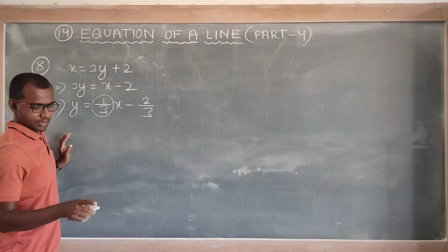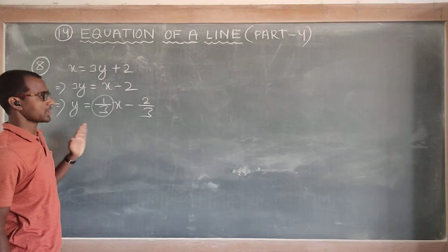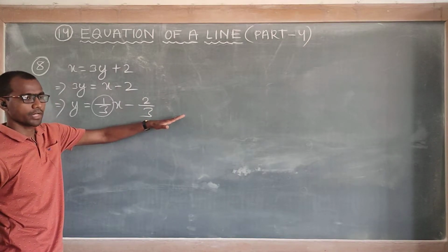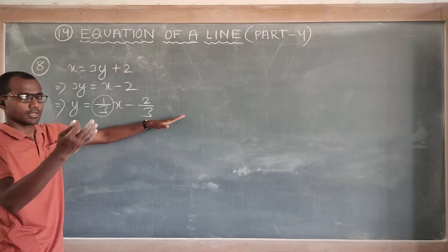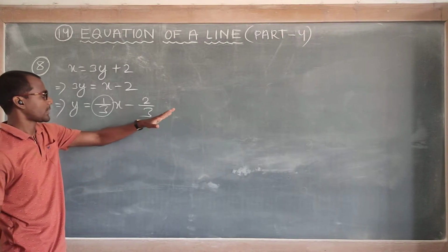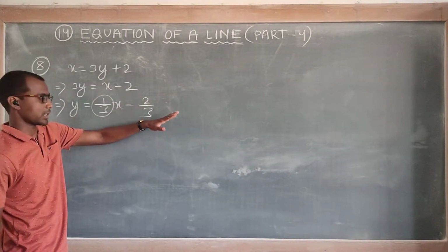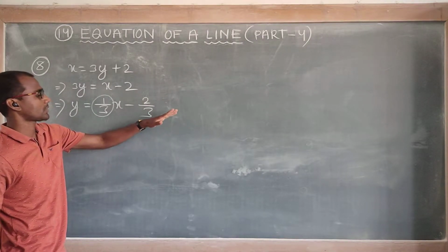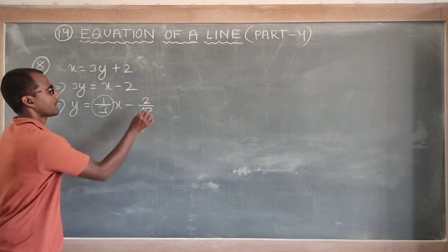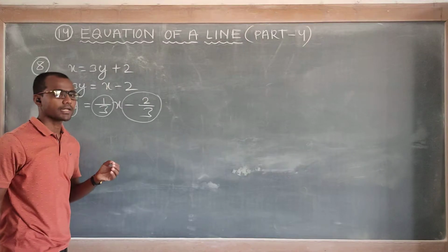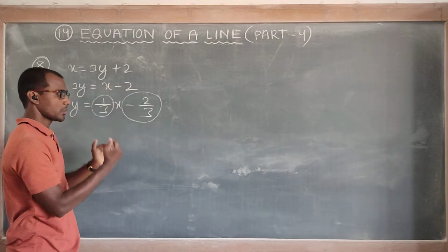The slope of the line is 1 by 3, which means it is moving up. I don't have any information about the other line passing through the origin, but at least I am getting information about this line whose equation has been given. The slope is positive, so the line is moving up, and the y intercept is minus 2 by 3. So definitely the line is intersecting the y axis below the origin.